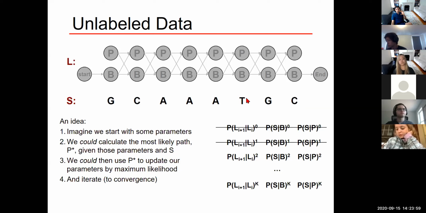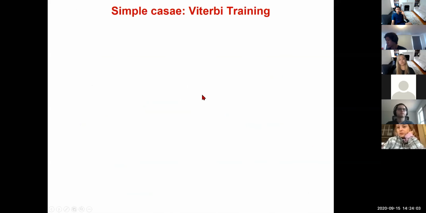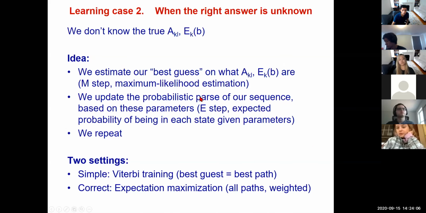So that's with the simple, quote unquote, unsupervised learning. So basically, the idea of this simple answer is you estimate the best guess of the transition and the emission parameters, and then you update the probabilistic parse of your sequence based on these parameters, and you keep repeating.